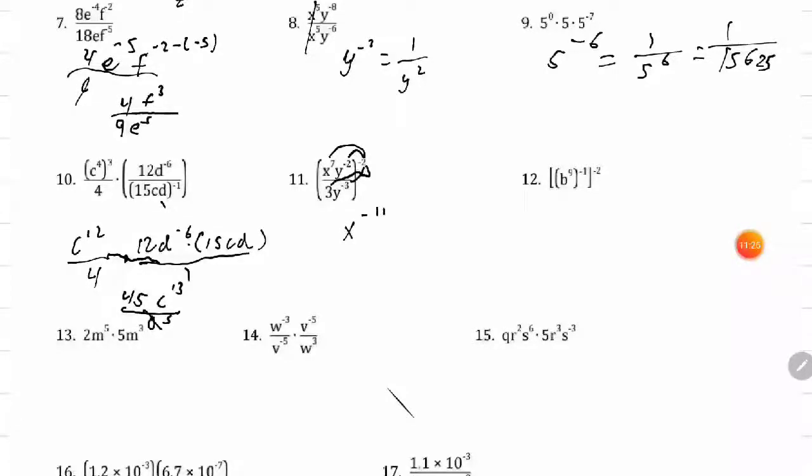X to the negative 14, y to the positive 4, 3 to the negative second, and then y to the positive 6. And then I'm just going to move everything that's negative to the opposite side. And so I have 3 to the second power up top becomes 9. And then we have x to the 14 on the bottom.